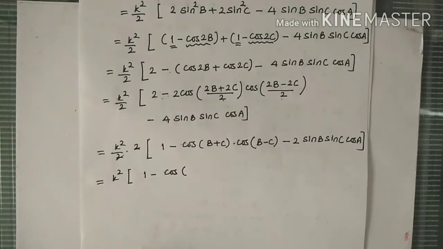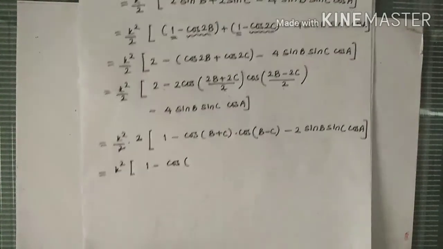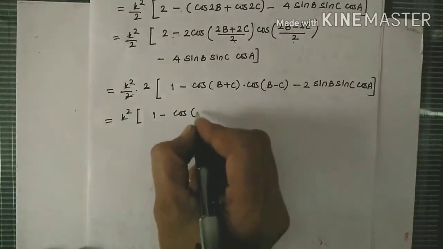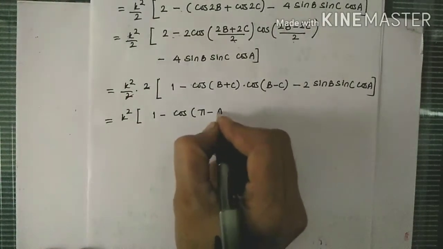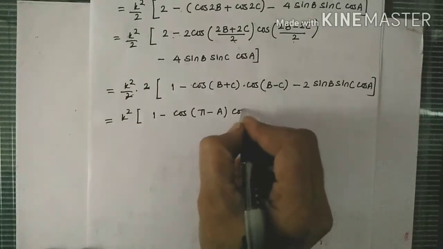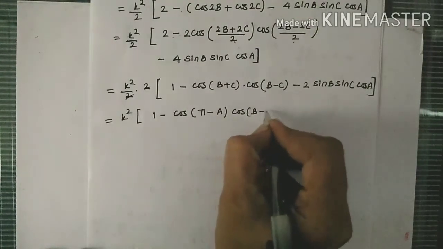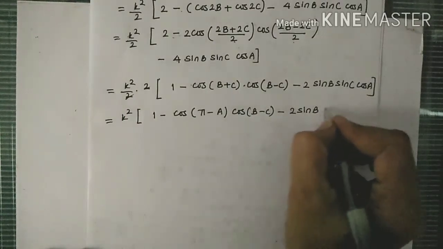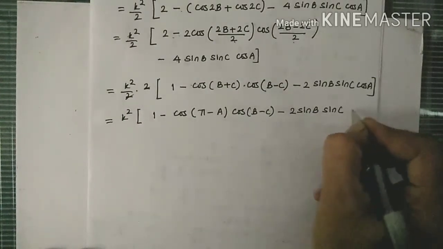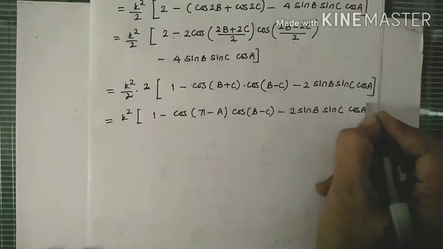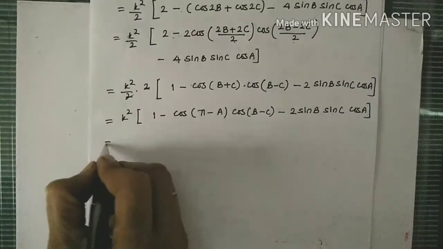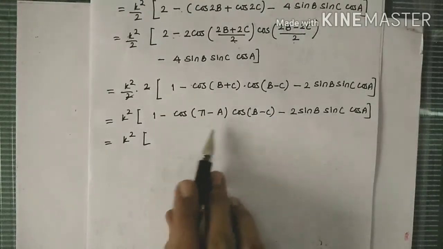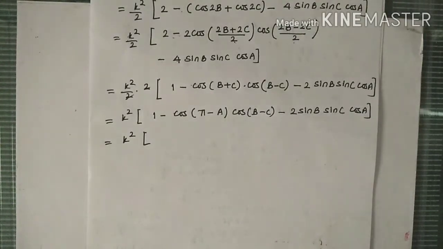Now A plus B plus C is 180 degrees as it is a triangle. So we can write B plus C as pi minus A. Cos of (pi minus A) cos of (B minus C) minus this term as it is, 2 sin B sin C cos of A. So that is equal to K square. Now cos of (pi minus theta) is minus cos theta.